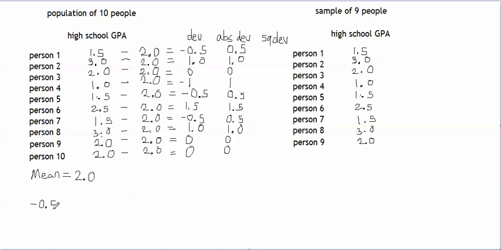Negative 0.5 squared equals 0.25, just like how 0.5 times 0.5 equals 0.25. Either way, it comes out to 0.25.